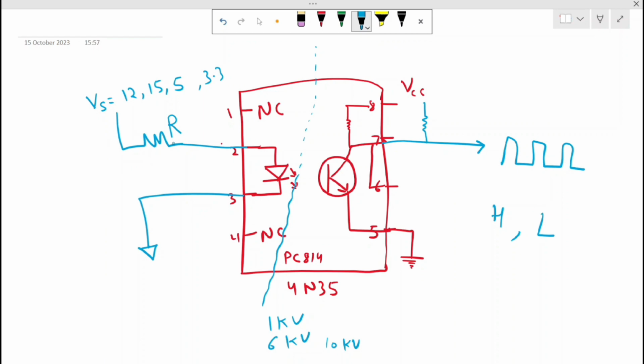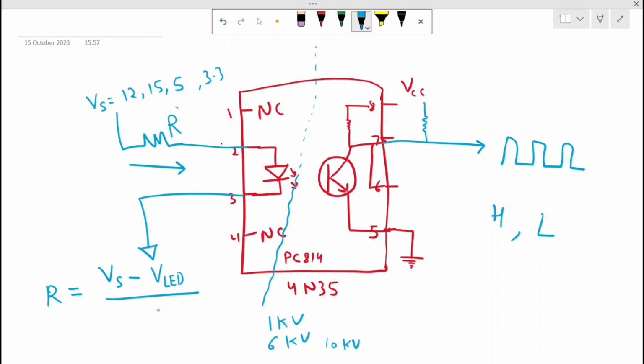So this you can make, and this R value you can calculate the same way. R is equal to Vs minus the LED voltage, VLED, divided by the current value, whatever current it will take.